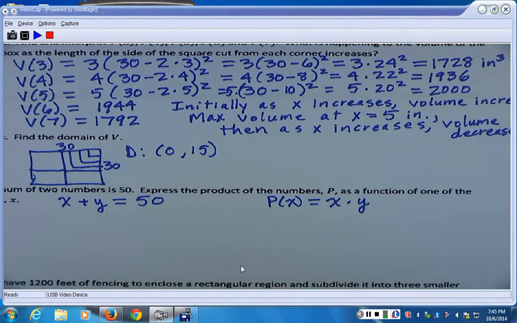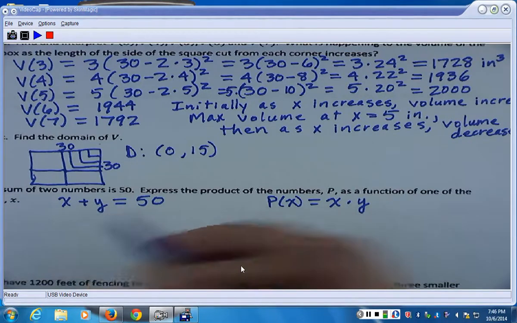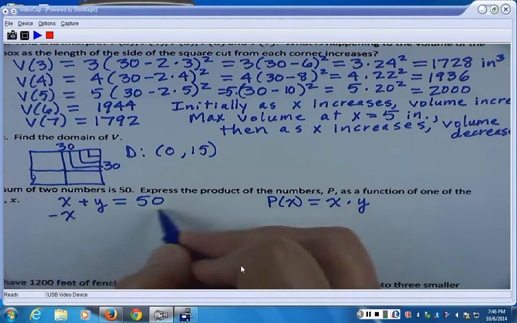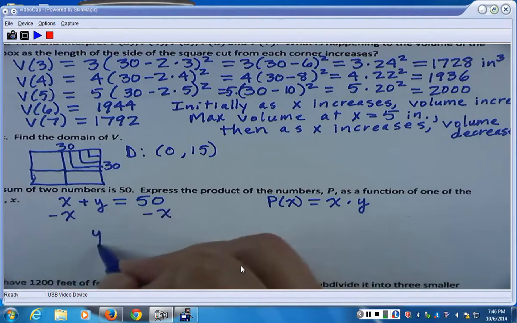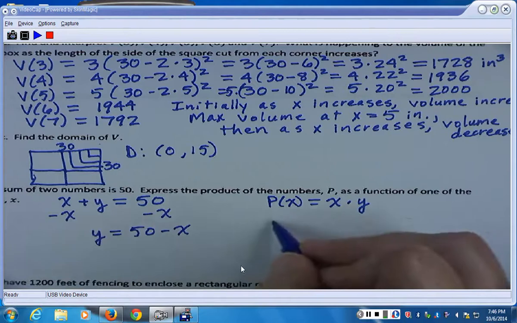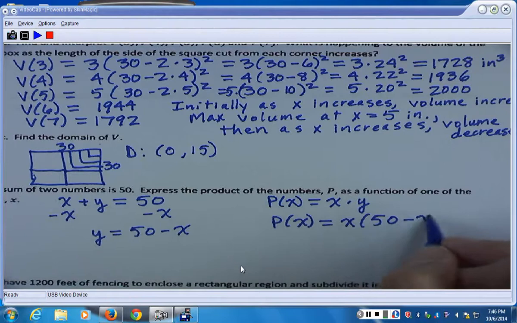Now we need to replace that y with something. So solve this for y. Subtract your x. So you get y equals 50 minus x.